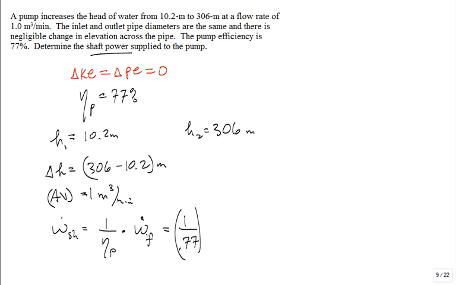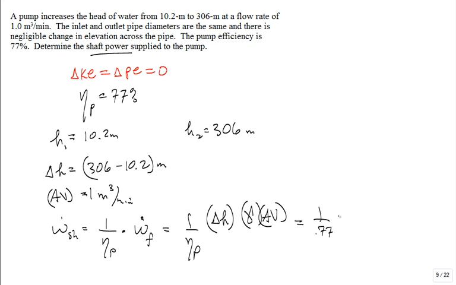What about the power that gets into the fluid? That's the head change. You have the weight density and the volumetric flow rate. True? Maybe I should have worked that out, leave it in symbols for a little bit longer. So 1 over 0.77 times 306 minus 10.2 meters. What about the weight density of water? Yeah, 9.81 kilonewtons per meter cubed.